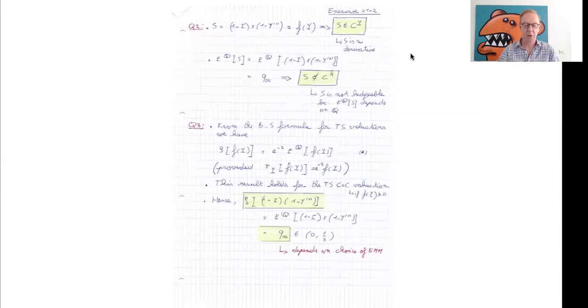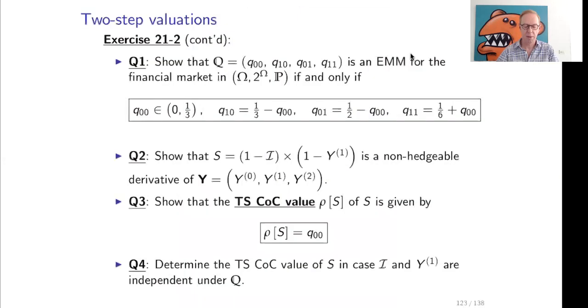Hence, rho of (1 minus I) multiplied by (1 minus Y1) must be equal to the expectation under Q of (1 minus I) multiplied by (1 minus Y1), and this is Q00, which is an element of (0, 1/3) and depends on the choice of the equivalent martingale measure. So we have proven question 3.